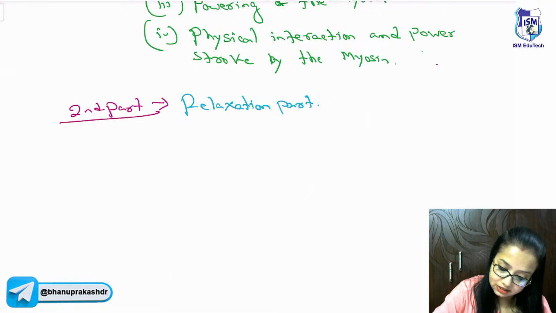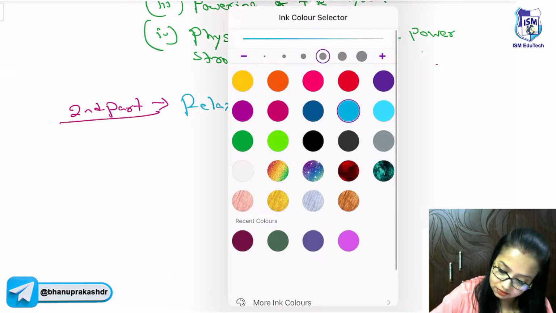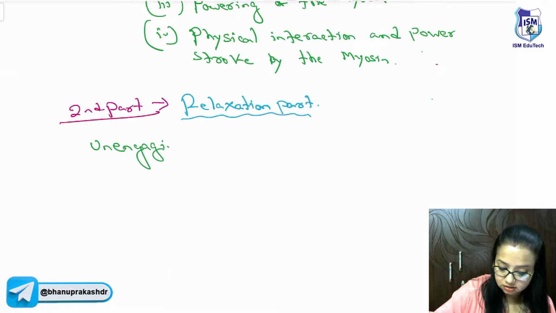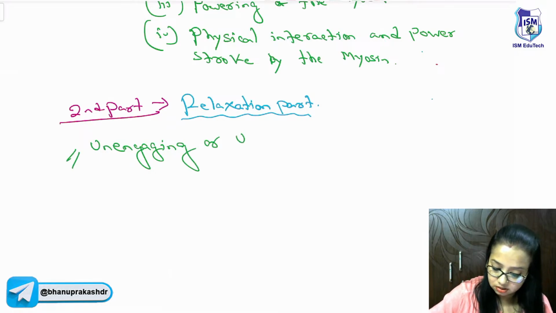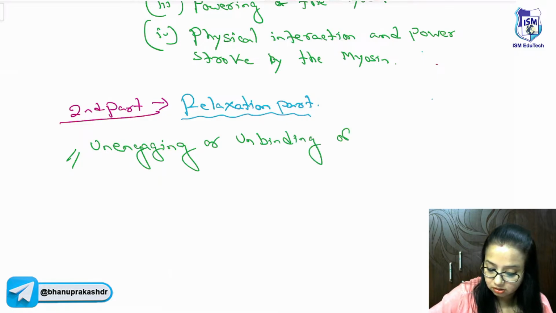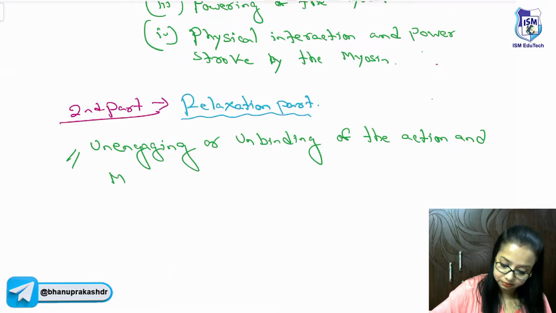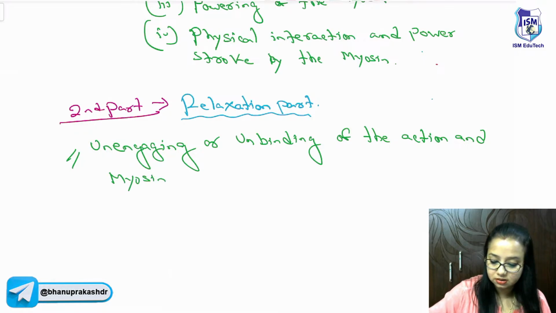Going to the relaxation part, the event that happens in the relaxation part is unengaging or unbinding of the actin and myosin molecule.